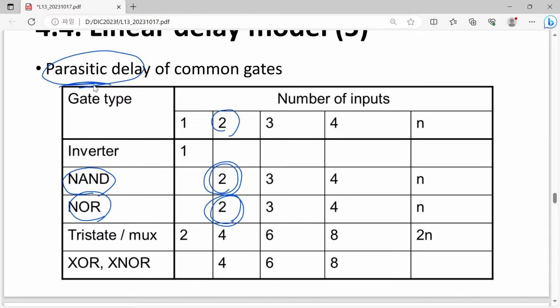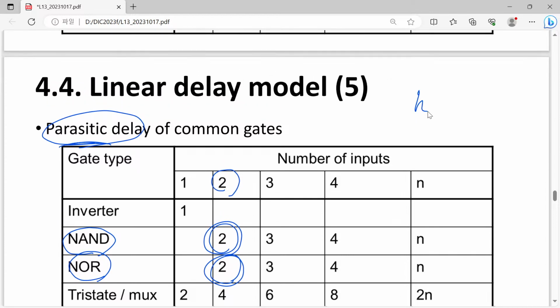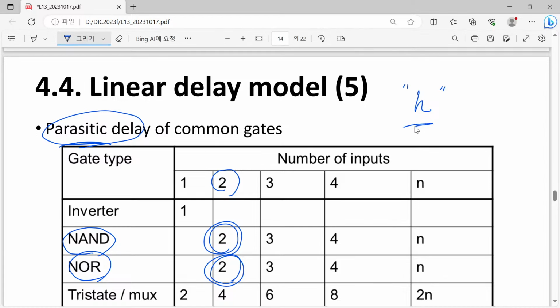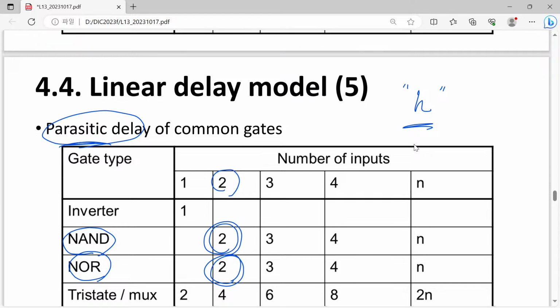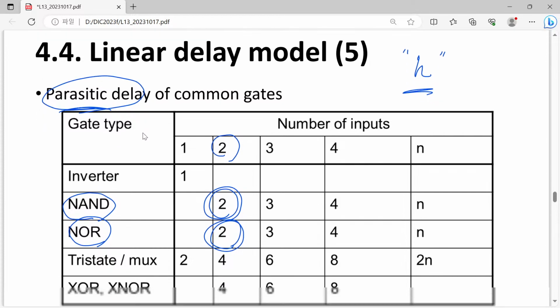So simply speaking, these values do not depend on your fan out. Regardless of the fan out, these two quantities are properties of your logic gate. Once you have, for example, a two-input NAND, then whether you have wider or smaller scaling for your NAND, this value will be the same.